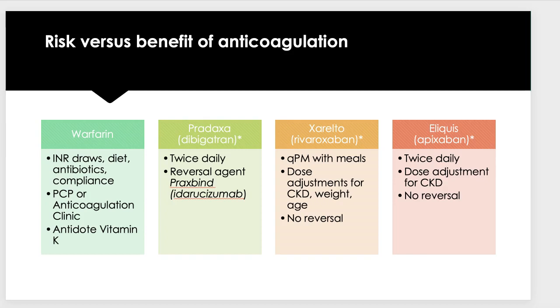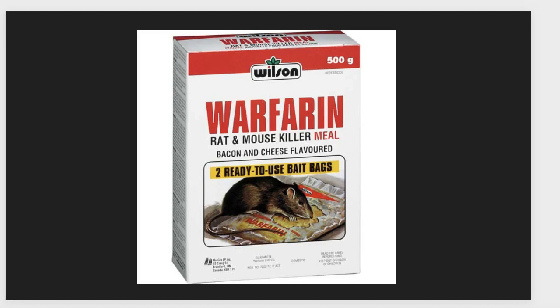We'll go into more detail about these. So before we had the novel agents, the only anticoagulant we had was warfarin or Coumadin. Remember that this medication is what is found in rat and mouse poison.